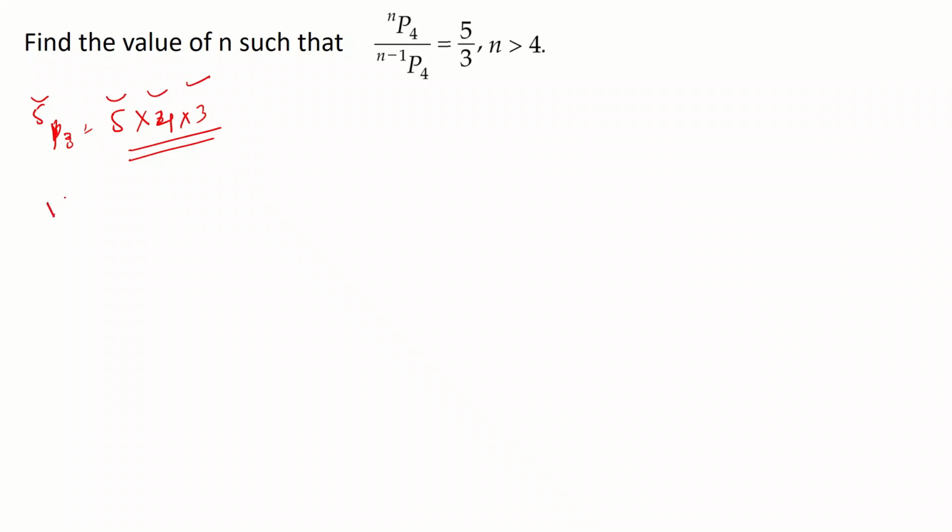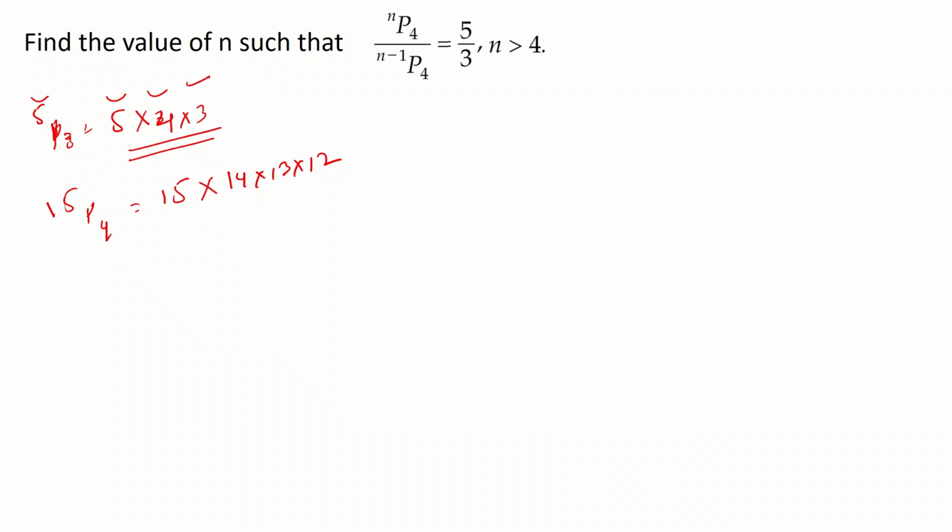Similarly, if I write down 15P4, that means starting with 15 and then writing down 4 steps. So minus 1, minus 1, minus 1, 4 times: 15, 14, 13, 12. So you start with 15, you keep on subtracting 1, and then you write down 4 terms in total. That's the logic.